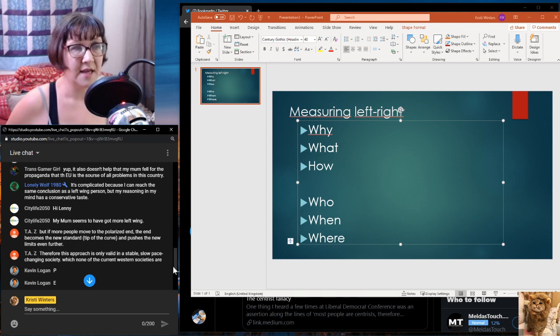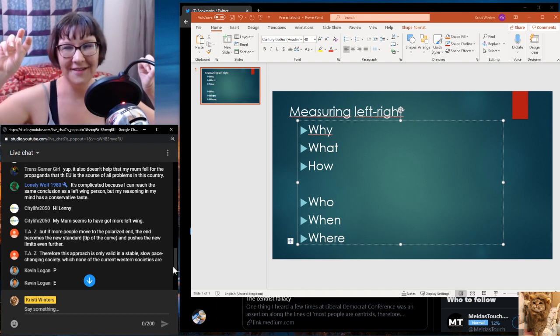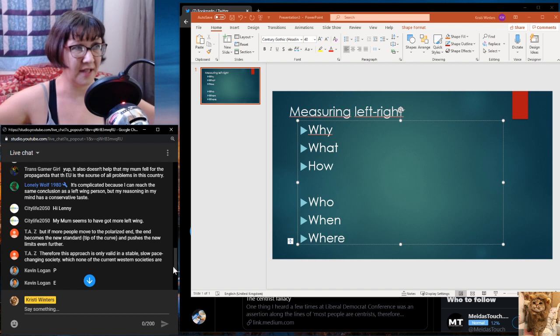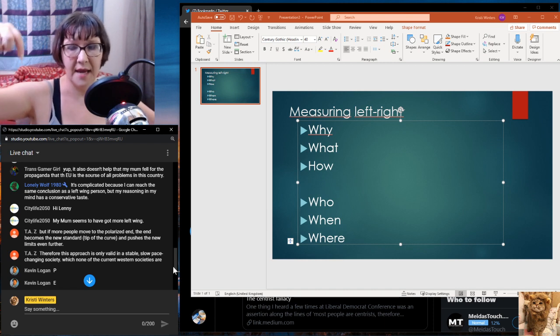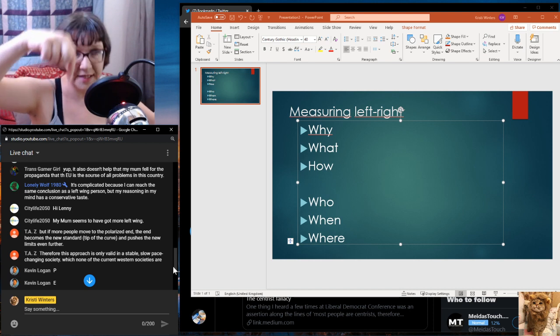I don't think that. So when it comes to, let's say you have a left-right scale that's far right, right, neither left nor right, left, and far left. Creating a 7-point scale for that doesn't really make the far left any more extreme. All it does is give people another option in the middle to place themselves.